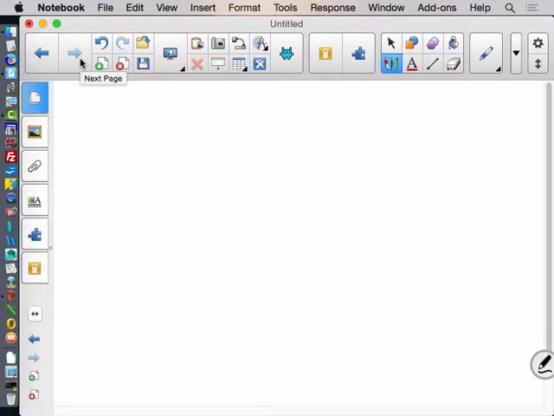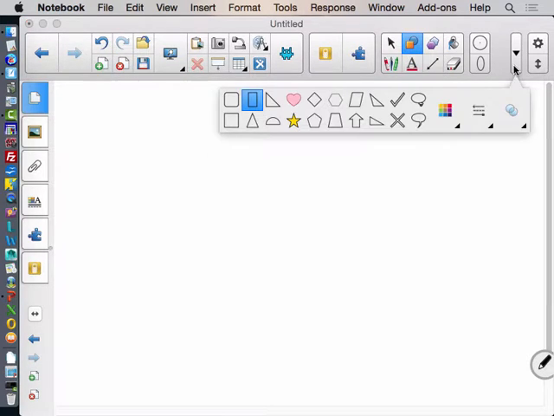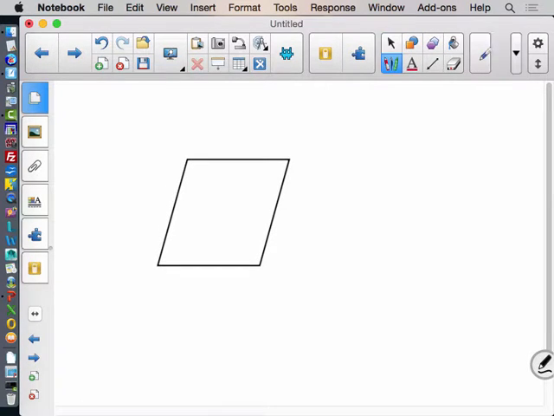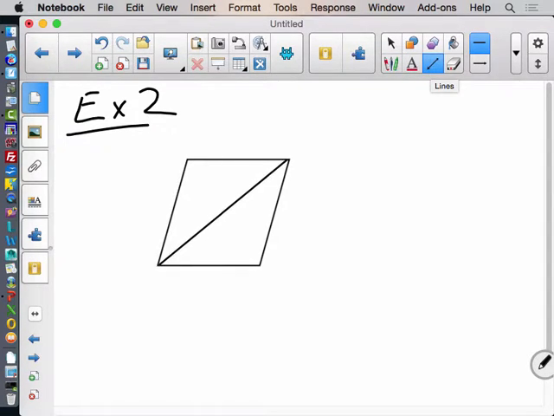Now for this one, it's going to be a little different. We're going to draw an image, and we'll do like a parallelogram maybe this time. Something like that. So for example number 2, we have a parallelogram, and we're going to label that.